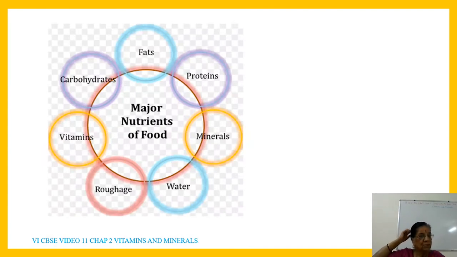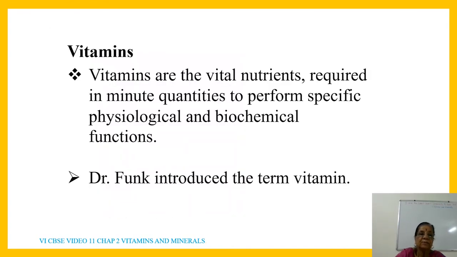This is another way of representing the major components. Here we name it as major nutrients of food. What are they? Carbohydrate, fat, protein, minerals, water, roughage and vitamins. I am just recollecting the points we have learned. Right?